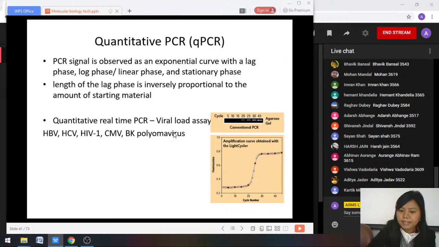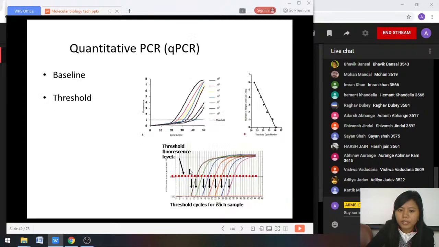So how does it do that? You can use a set of known standards or calibrators in the real-time PCR together. These standards will create a curve, the sigmoid curve, which is what you get when you perform a real-time PCR. If you have used known standards and you chart it, you can get a linear line, right?